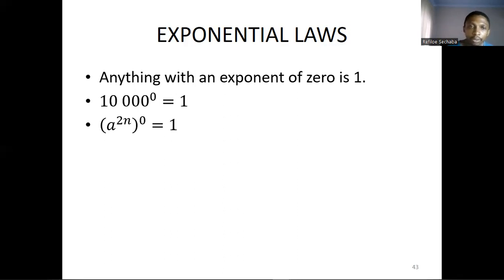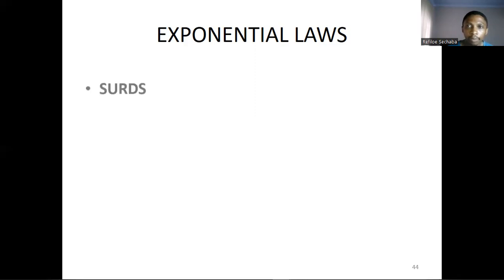Anything that you raise to the exponent of 0 will be equal to 1, okay?